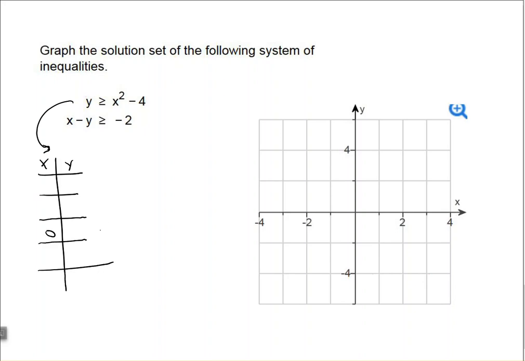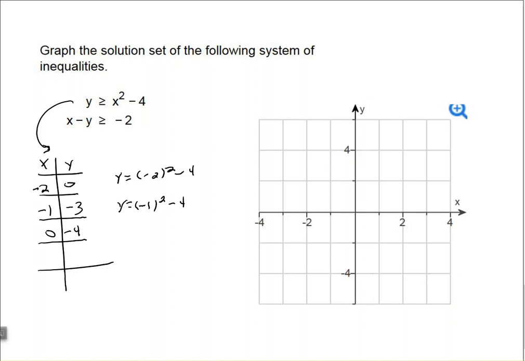So we know if it shifts down 4 places, then our vertex is at (0, -4). So let's put the vertex in the middle, and if we replace x, 0 squared minus 4 is -4. Let's see, -1 and -2. If we replace x with -1, -1 squared is 1, and 1 minus 4 is -3. -2 squared is 4, and 4 minus 4 is 0.